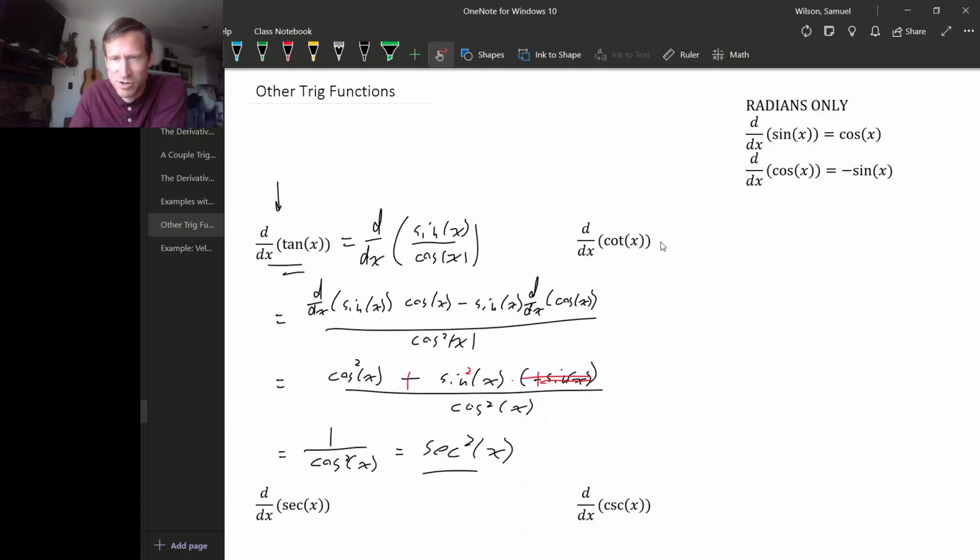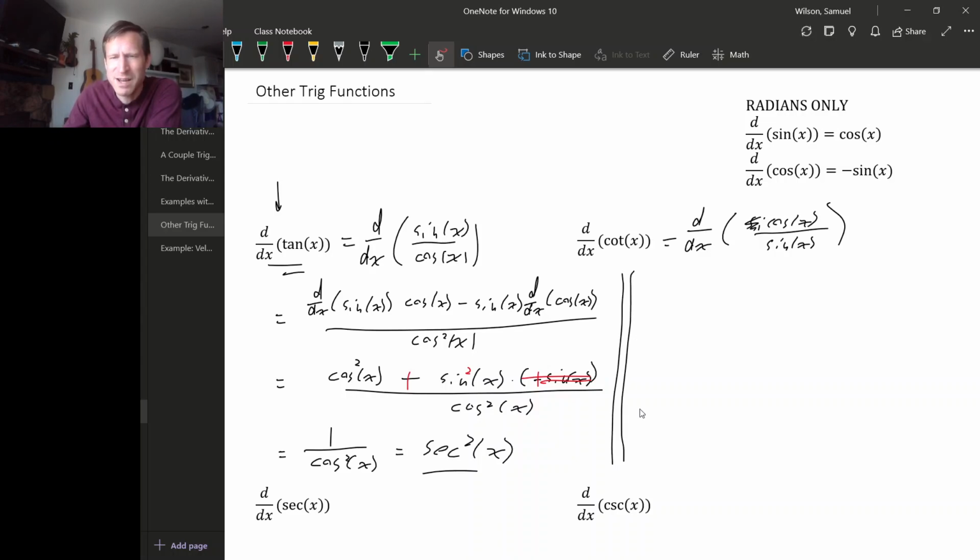All right, let's try cotangent. Well, you can see that cotangent is essentially the same as tangent, it's just upside down. So the same sort of thing is going to happen. We're going to end up using the quotient rule, and we'll have to keep our eye out for opportunities to use the Pythagorean identity, but really the same sort of thing is going to be happening.